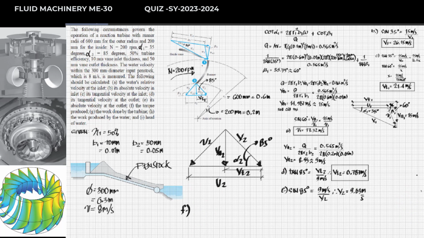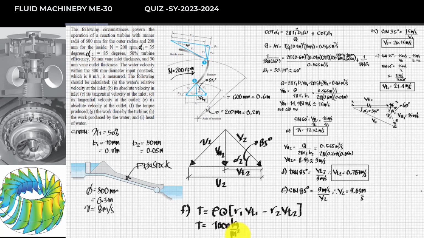Now for letter F, the torque. Remembering the equation of my torque, that will be equal to the density of the fluid times the volume flow rate, multiplied by the radius 1 and the tangential velocity of the fluid, minus radius 2 times the tangential velocity of the fluid at the outlet. So substituting here, since this is water, the density will be 1,000.